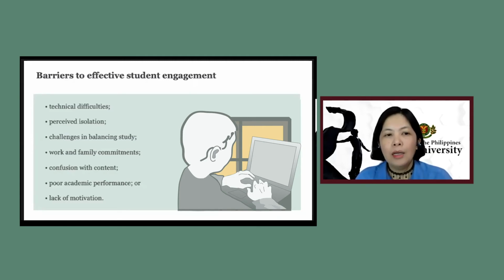Which is why it becomes a barrier to effective student engagement. Okay, so these are the different barriers to effective student engagement. And as a teacher, you should be aware of these different barriers so that you will know how you will be able to provide learner support to your students.